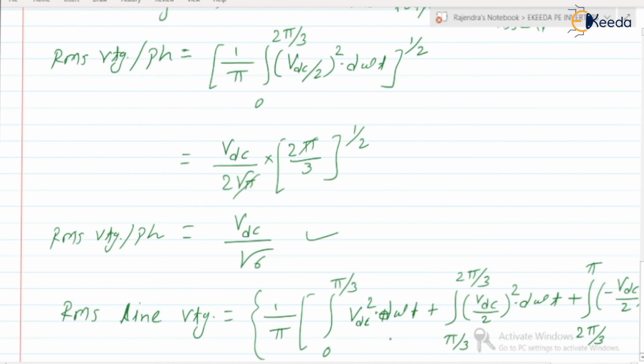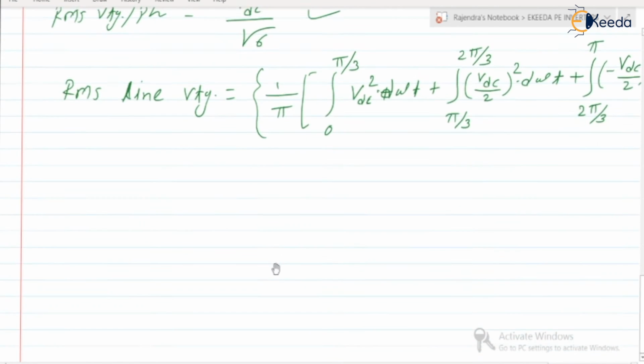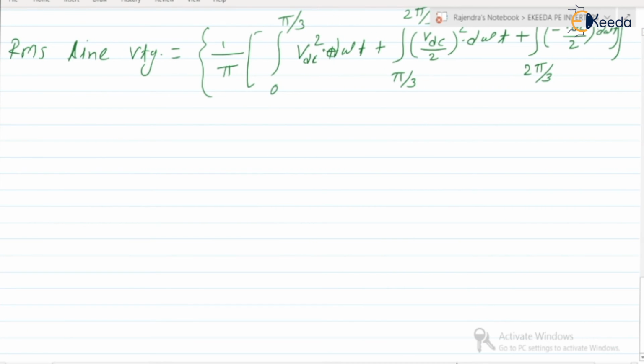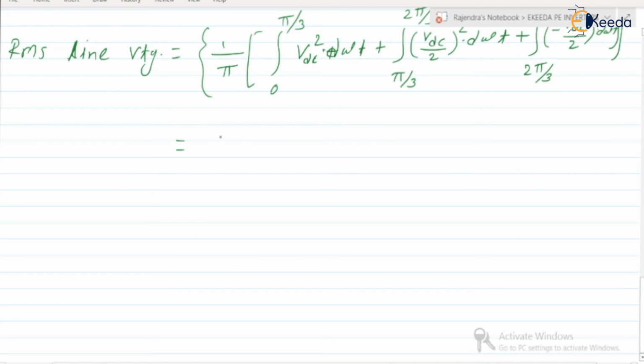Next, we can simplify it. We can take VDC by 2 outside, so it is VDC by 2 root pi into pi by 3. Or we can take VDC outside directly.